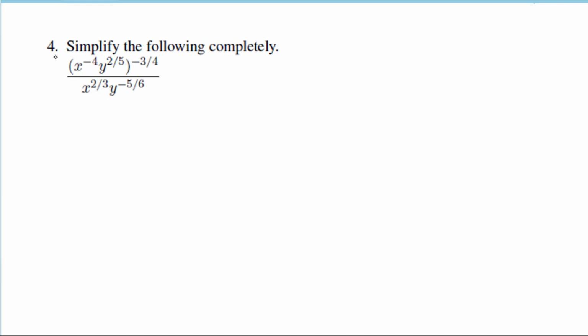Simplify the following completely. We have a power rule to use to simplify these expressions. As we know, when we have a to the x times a to the y power, we add exponents.